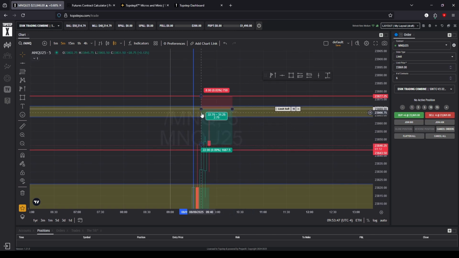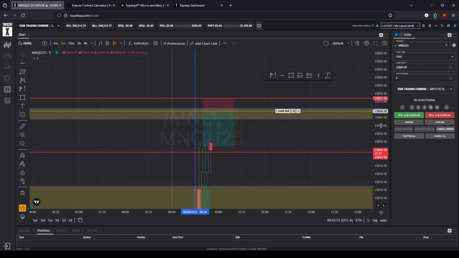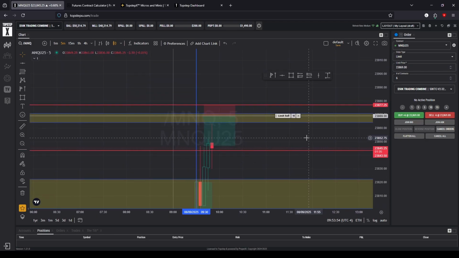This is a good sign that it's not pushing any higher. I might have drawn the zone a bit higher than I should have. It might have been starting from down here, but I'll just keep it up here.